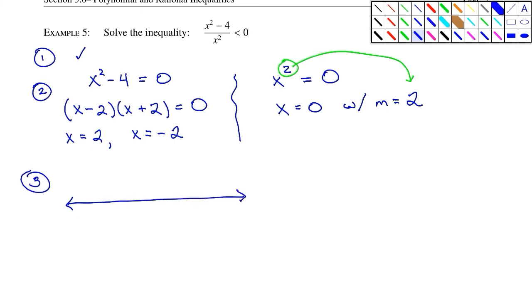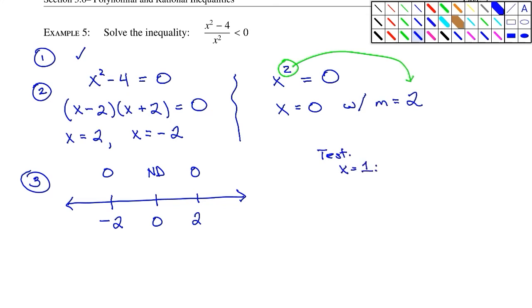So let's place all of our partition points on the sign chart. So we have -2, 0, and +2. -2 and +2 were zeros, and x equals 0 was a point where the function is not defined. Let's do a test. I'm going to test at x equals 1.